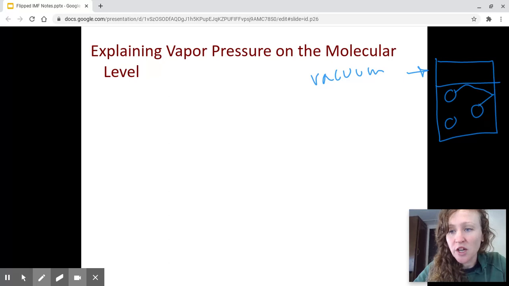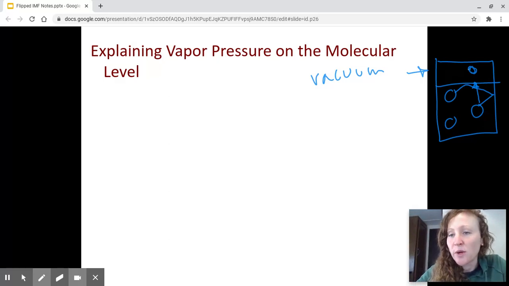They're bouncing off each other, they're bouncing off their container walls, they're bouncing off the surface, and if they strike the surface with enough energy, those molecules can actually escape into that vacuum, and they're going to establish a pressure up there.